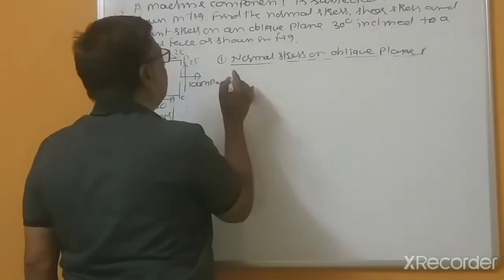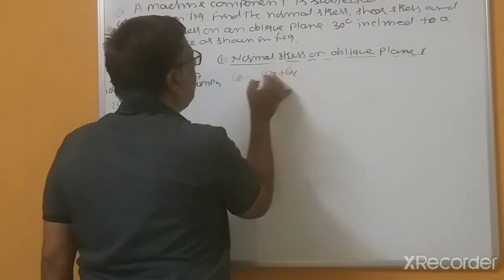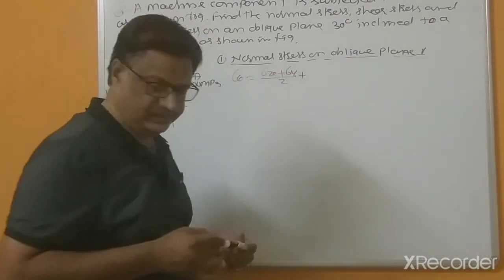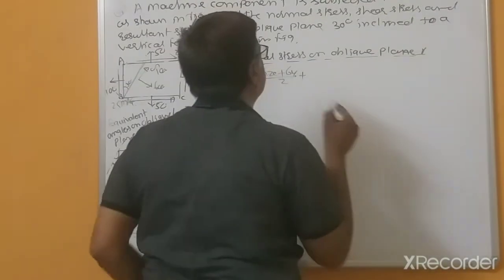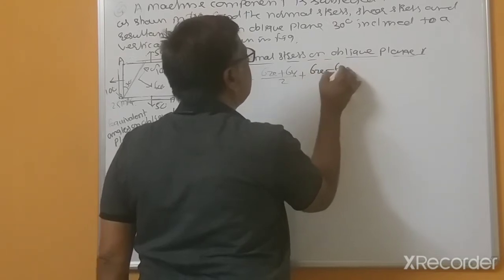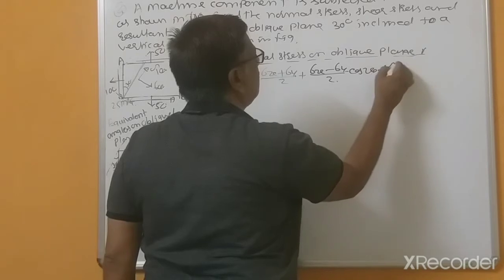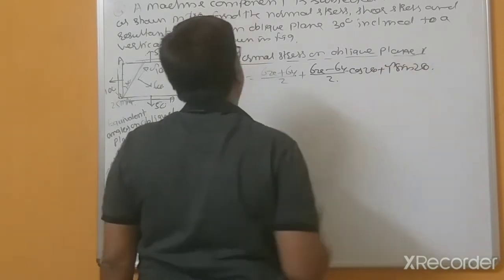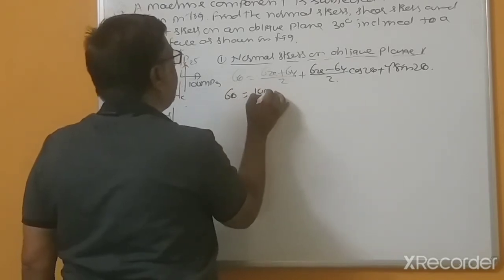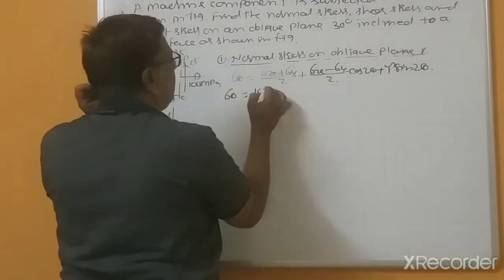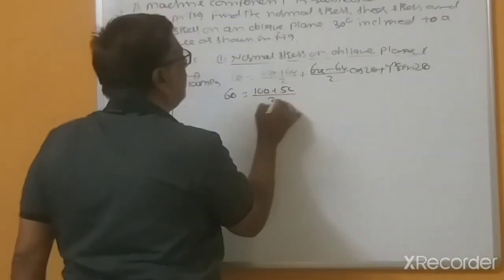So normal stress is given by the formula sigma x plus sigma y divided by 2, plus sigma x minus sigma y divided by 2 cos 2 theta plus tau sin 2 theta. So sigma theta equals, this is 100 because both are tensile, 100 along the x-axis and 50 along the y-axis, divided by 2.